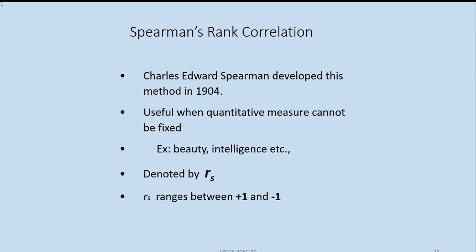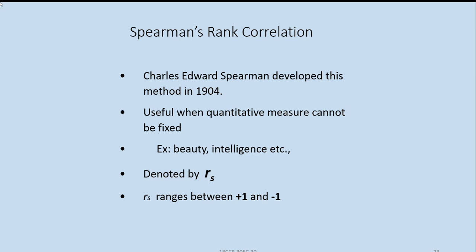Quantitative measure cannot be fixed means we cannot give a number to quality, character, intelligence, knowledge, beauty. We cannot give a number. It is only an estimation. It is only our perception. It is only our thinking. It is only our assumption that we are giving those numbers.